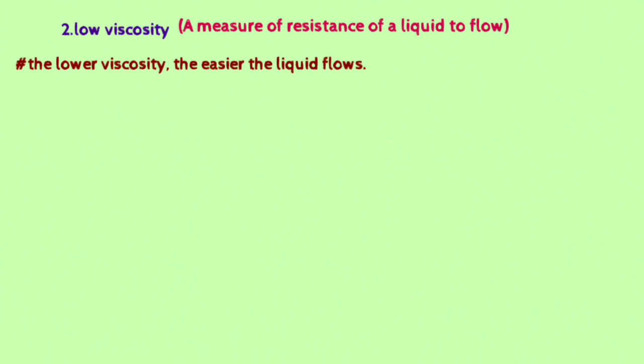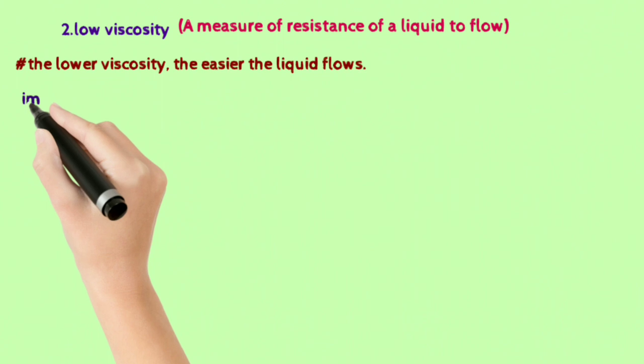Water has low viscosity because hydrogen bonds between water molecules are continually broken and reformed, causing water molecules to be able to slide easily over each other. So the importance of low viscosity is that water is suitable as a medium of transportation in living organisms.